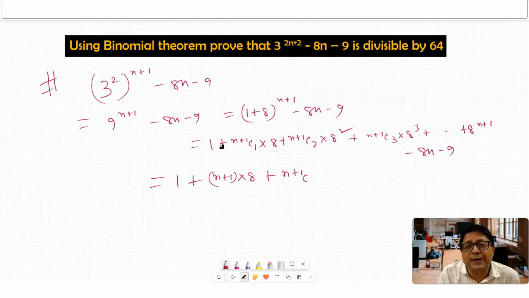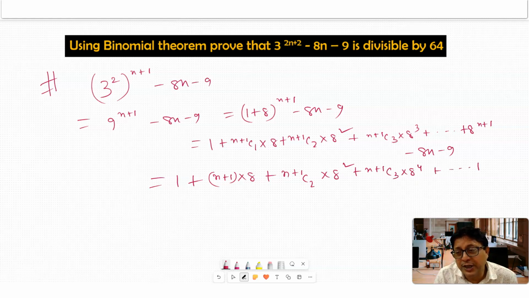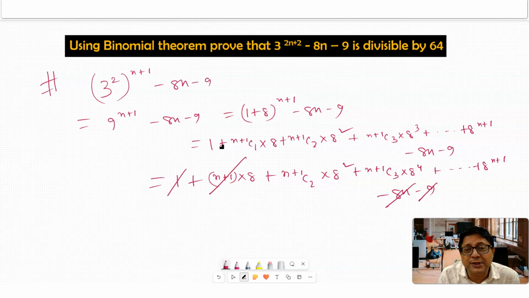You keep it in this manner, because I found that it is going to be divisible by 64 even if I don't change all these terms. Minus 8n minus 9. You see, 8n plus 8 plus 1 is 8n plus 9, which gets cancelled with this.